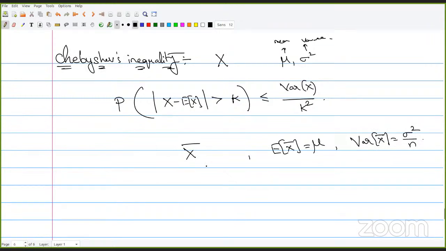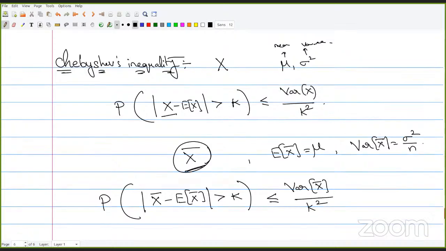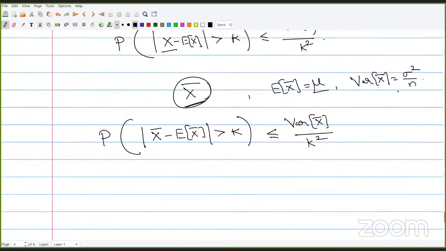Now replace X with X bar. What we get is: the probability that mod X bar minus expected value of X bar is greater than some k is less than the variance of X bar divided by k square. Now just substitute these values.